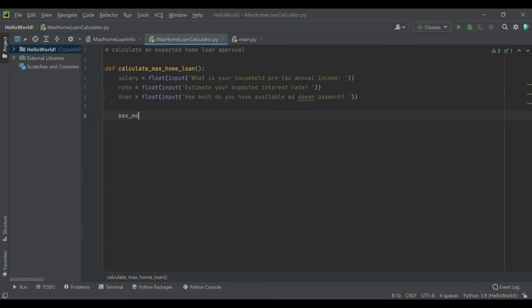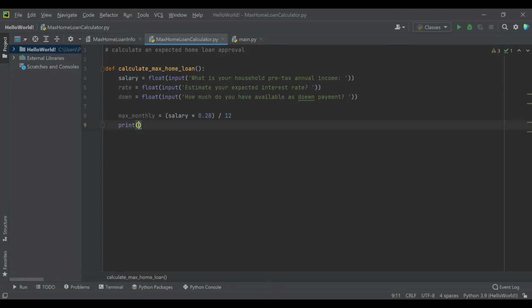So let's say the max monthly payment you could make, based on our estimate of 28% of your salary, is what you'd get approved for. That would be your salary times 0.28, and let's divide that by 12. So that's a monthly payment. And then let's print that out.